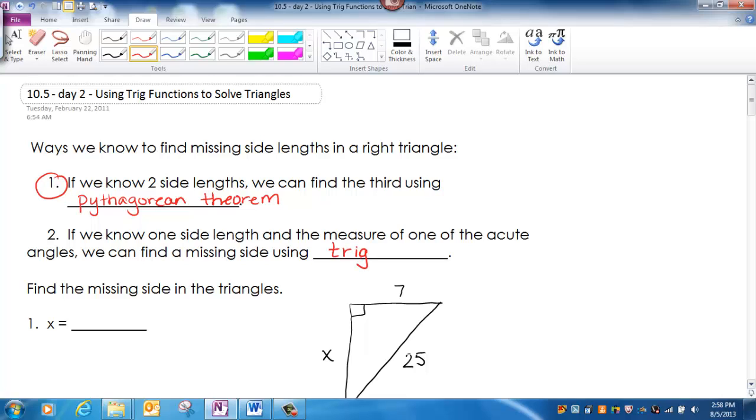So you use Pythagorean theorem if you have two sides that are known and you want to find the third, and you use trig if you have one side known and one acute angle known.